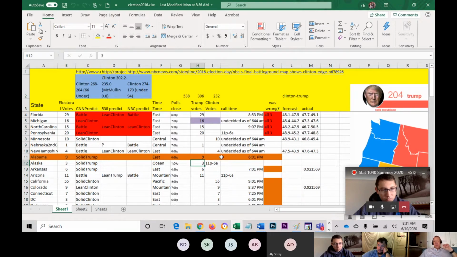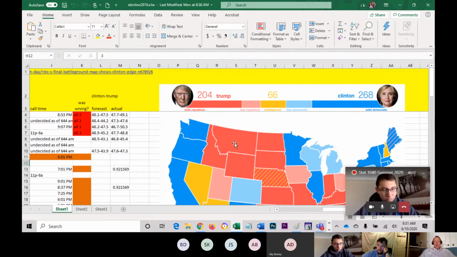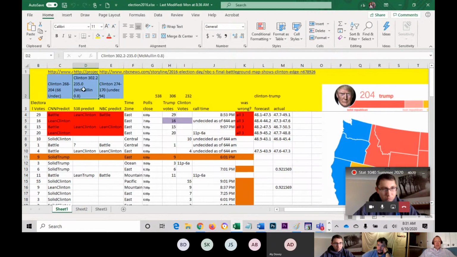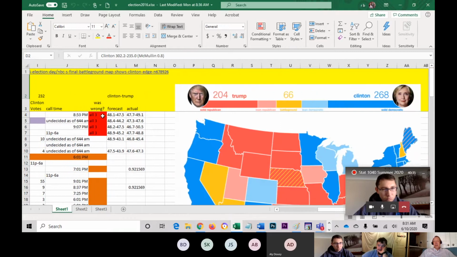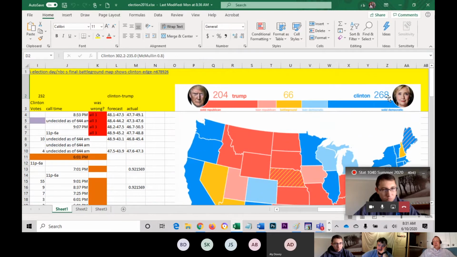This was the spreadsheet I showed you guys the other day. 538.com was predicting that Clinton was going to win 302.2 electoral votes. Trump was going to win 235, and Evan McMullin was going to win 0.8, so about 1 vote there. I believe this is NBC's projection. NBC had Clinton with 268, Trump with 204, and then there were 66 electoral votes in battleground states that could have gone either way.